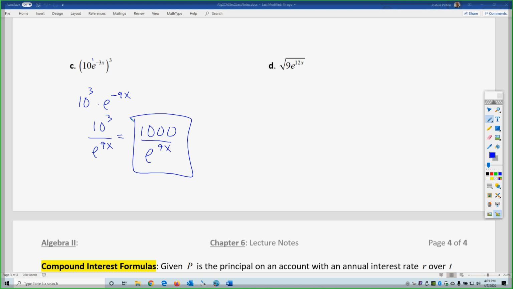All right, next one. If there's no index specified, it must be a 2. So this is the square root of 3 times 3, and you can write them out if you want to. All right, I think I got it out, right? So that adds up to 12.